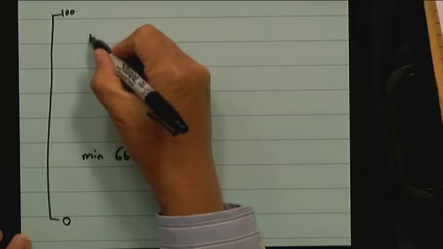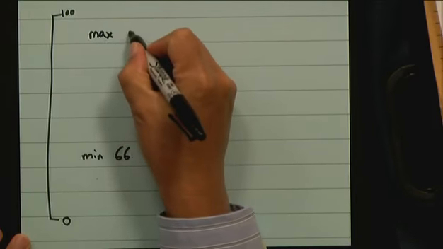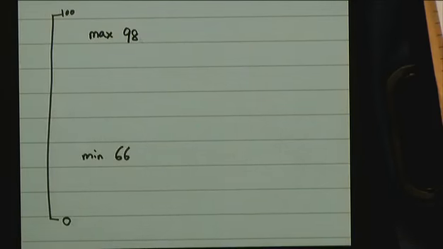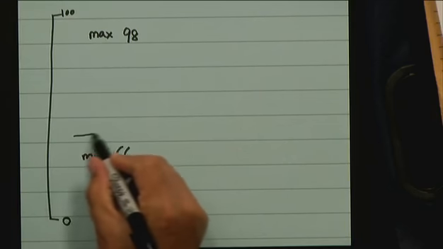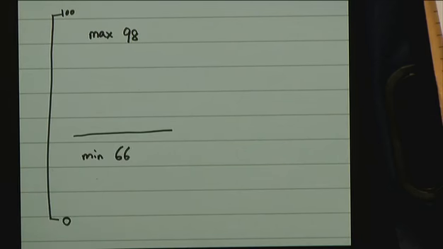Our max is 98. I'm pretty happy about this, particularly with the distribution, because I don't think we have too many people in the 60s, and in fact, we only had one that's kind of an outlier in the 60s.